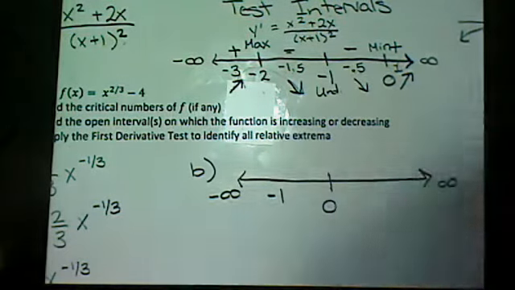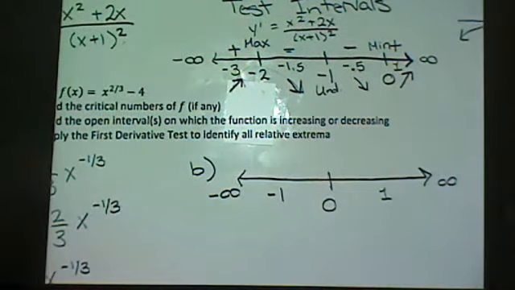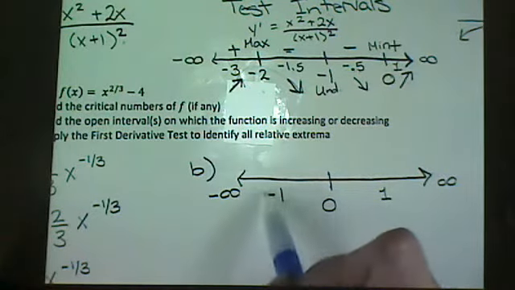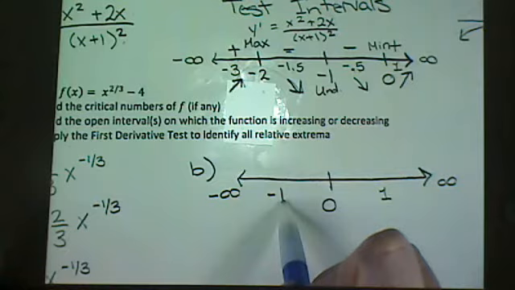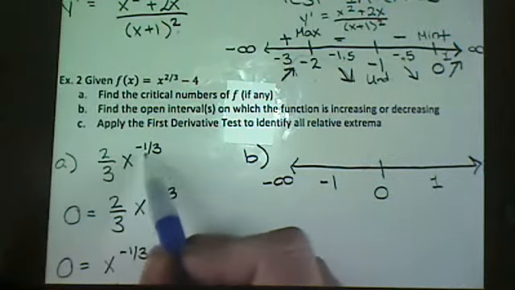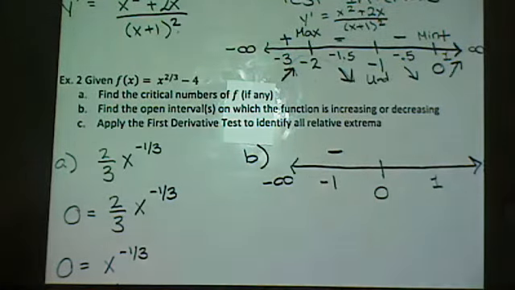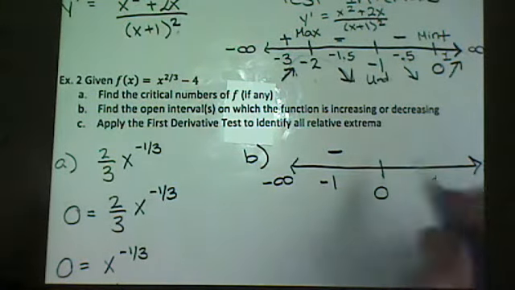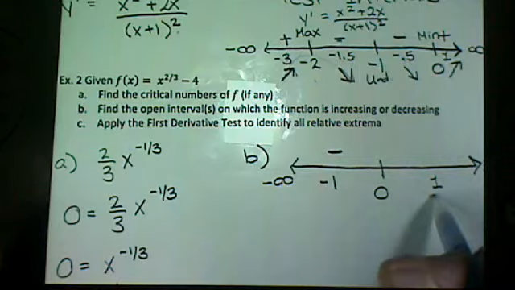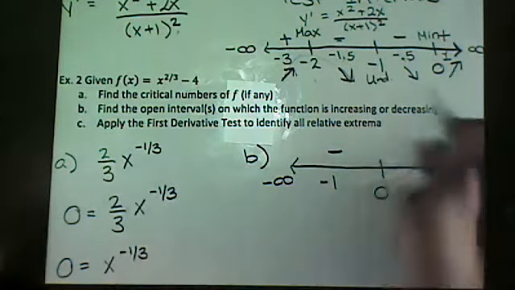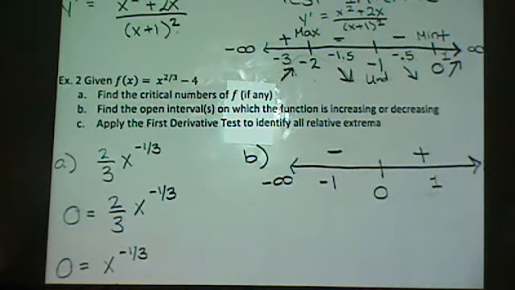Let's pick -1. Let's pick +1. When I plug -1 back into the derivative, I get a negative number. When I plug +1 back into the derivative, I get a positive number.